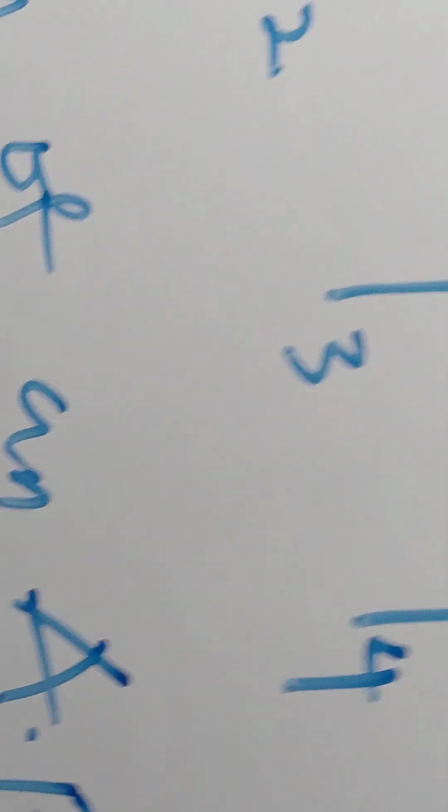Also remember that A is equal to 9, and our common difference D is equal to 4. We have the first term as 9 and the common difference as 4.